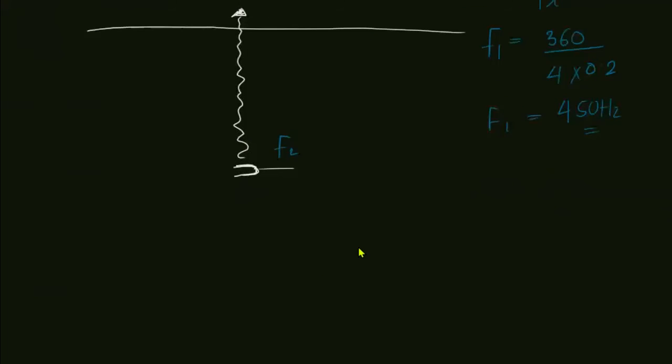So it should be F1 plus or minus 5. The thing is, we do not know which is greater, whether F1 is greater than F2 or F2 is greater than F1.